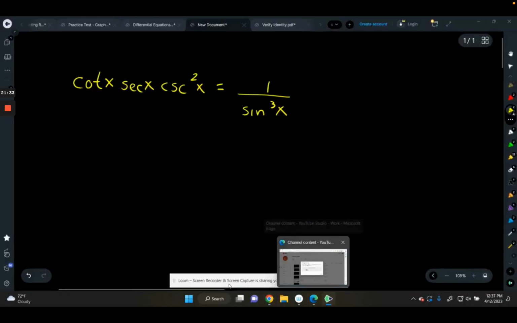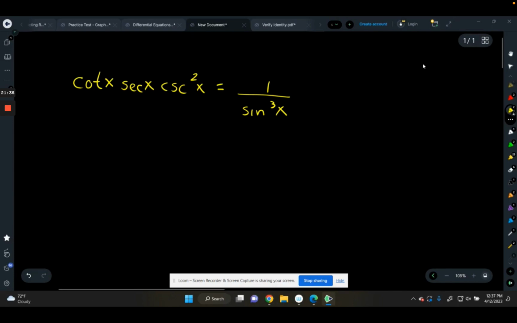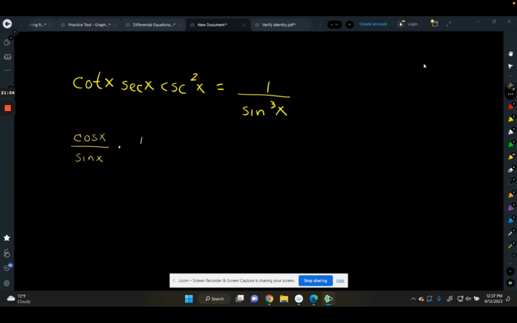Okay, so what should we do? Good. Sine, not secant. Cosine. Cosine x over sine x. Okay. And then we'll change the secant to 1 over cosine.